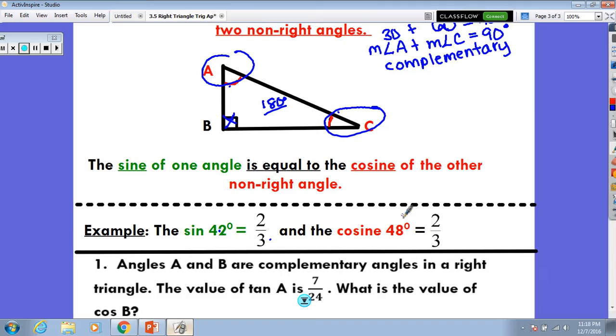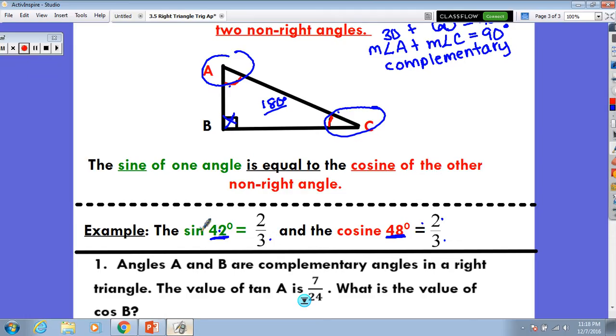And the cosine of 48 degrees will also equal 2 over 3. Why? Because if you add 42 degrees plus 48 degrees, you get 90 degrees. Notice that they are not the same measurement. They are complementary of each other.